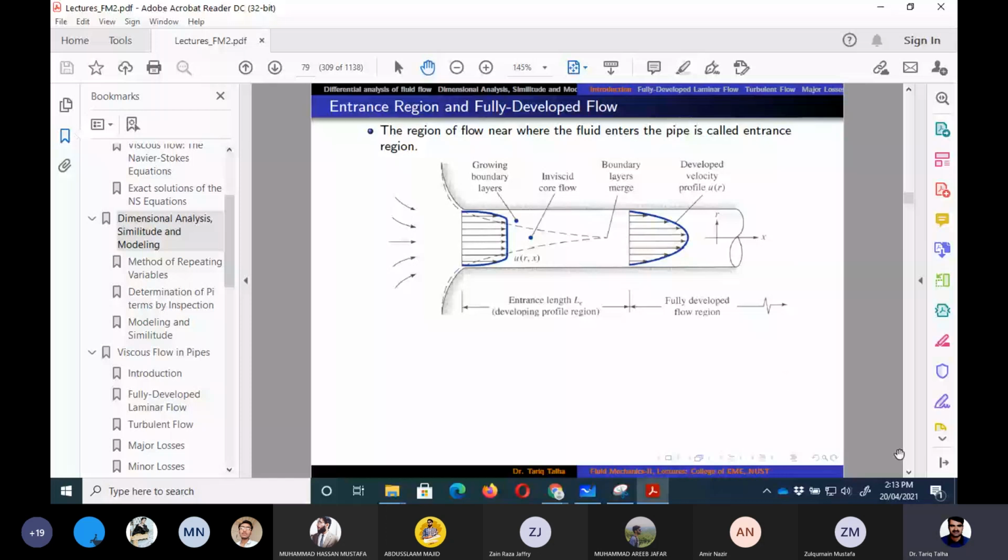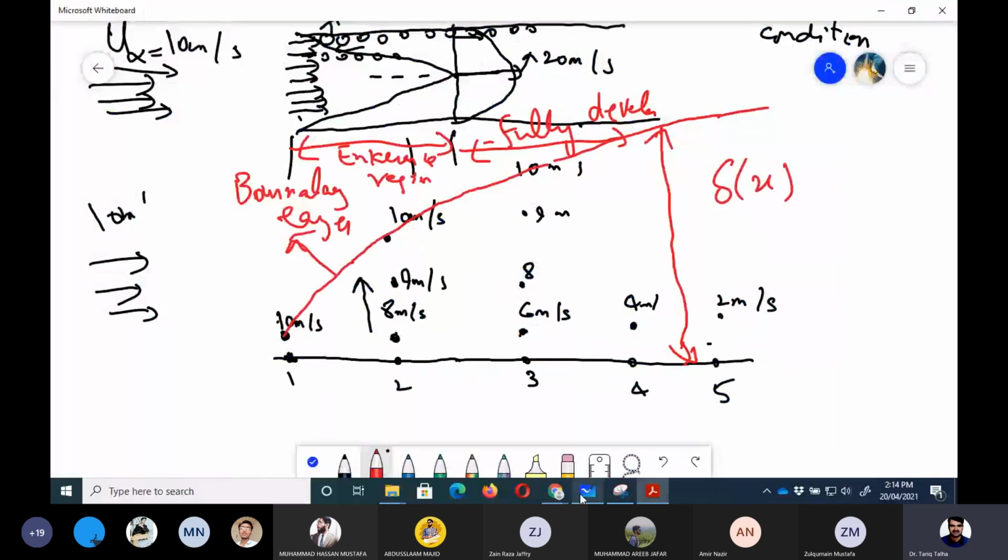The velocity of fluid changes in the flow direction along a streamline in the entrance developing region, and I have just explained how in the x direction along the streamline it decreases due to the drag force applied by the layer which sticks to the wall, and it increases in the wall normal direction. I have just explained this on the whiteboard.